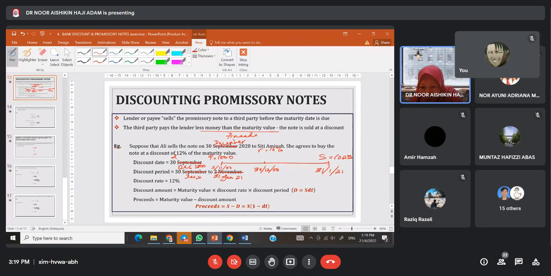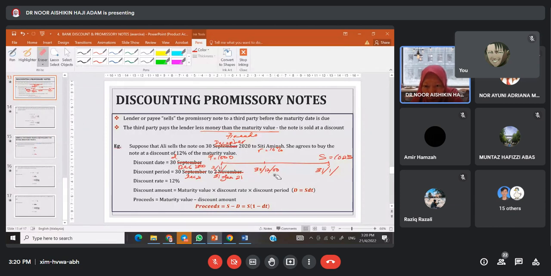Ini 2000. Ya ke 2021 ni? Salah ni. Ni 2020 ke 2000? 2020 lah. Saya salah tahun. Barulah ni 2021.